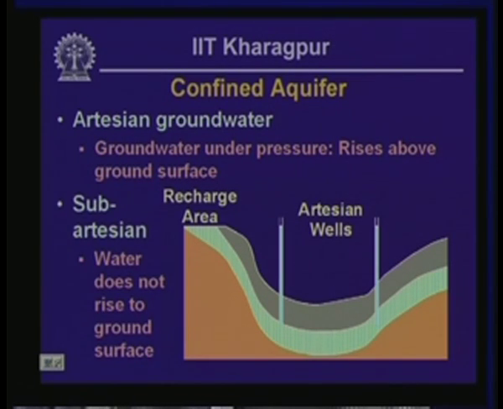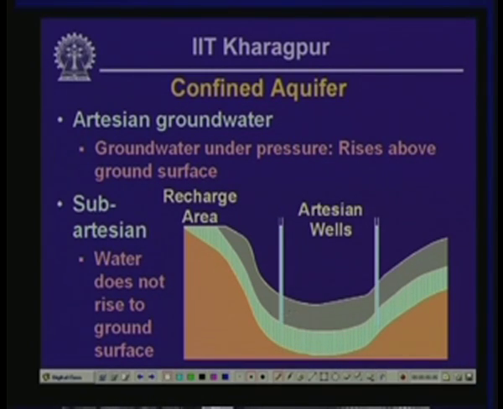You could also have sub-artesian groundwater, in which the water does not rise to the ground surface, it remains below the ground surface, although the groundwater is under pressure. So for instance, if we had the water rising in this illustration to a level up to here, which is below the ground surface, then the wells are going to be called sub-artesian water wells, and the groundwater condition is going to be called sub-artesian groundwater condition.